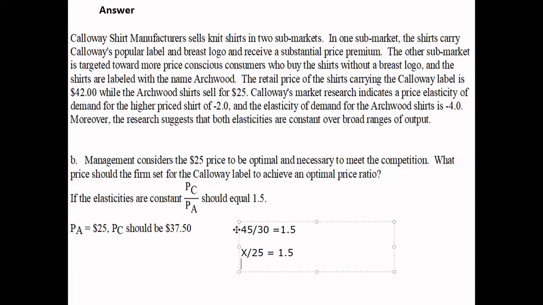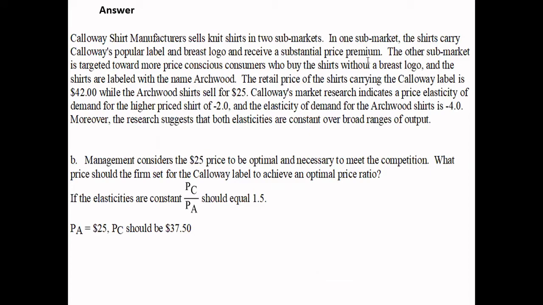So the optimal price for the other company will be 37.5. But unfortunately, they were setting it at 42. So this is the suitable price. But if they put a price above it, this means that they have market power, they have a dominant strategy in the markets. Okay, so this is the second application for this book.